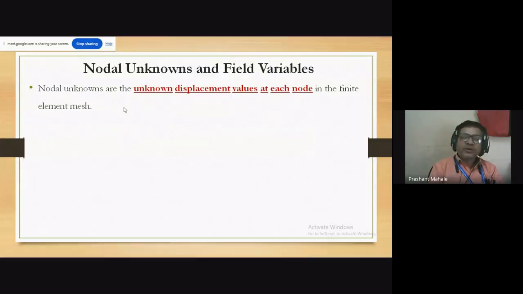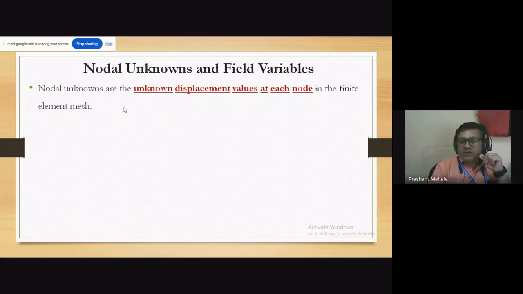So actually, nobody is going to ask you whether continuous or discrete. We are just going to concentrate on discrete only. And in the discrete case, whatever the displacement at nodes, those unknown displacement values at that node are called nodal unknowns.